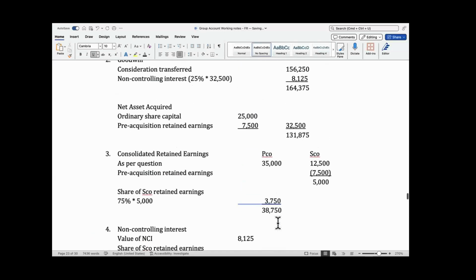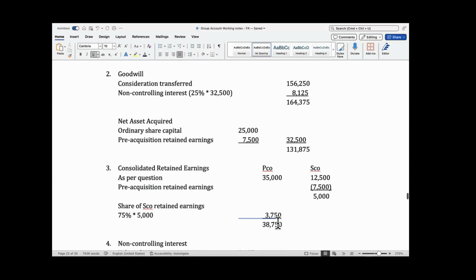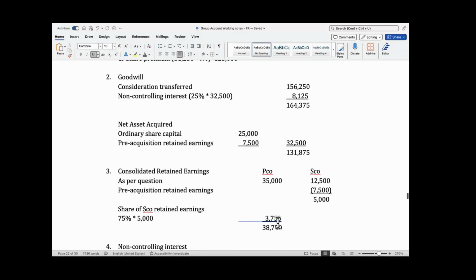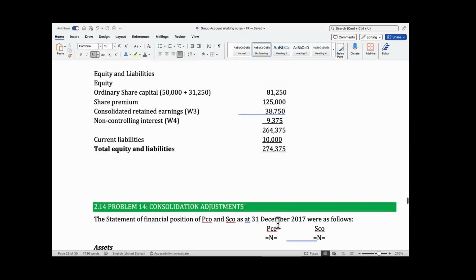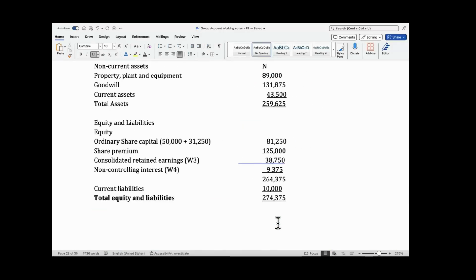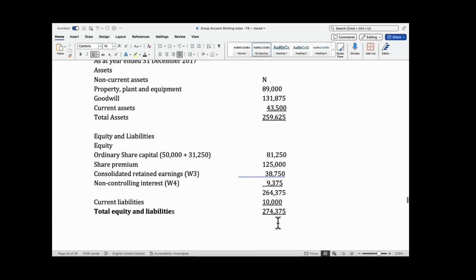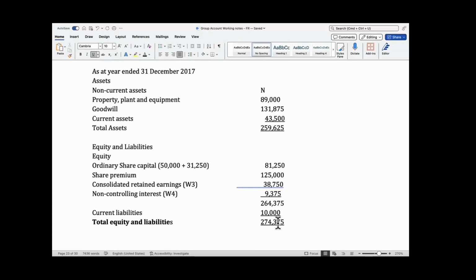This one is 264,375. The addition of the non-current assets is 264,375.